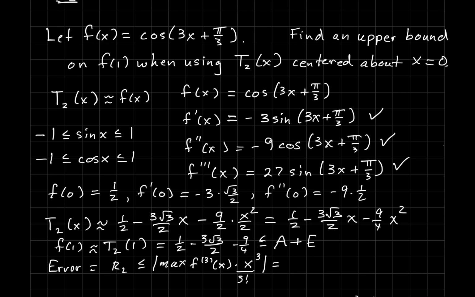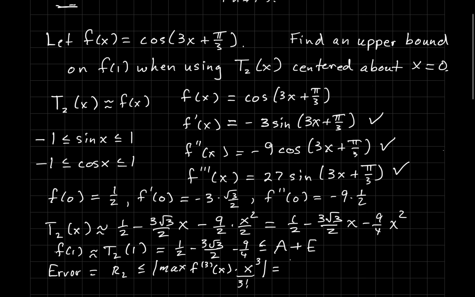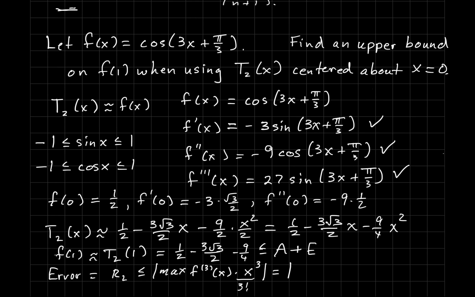But the max of f triple prime is going to be 27. Now why is it 27? Once again, because sine is between negative 1 and 1. So 27 sine is between negative 27 and 27.